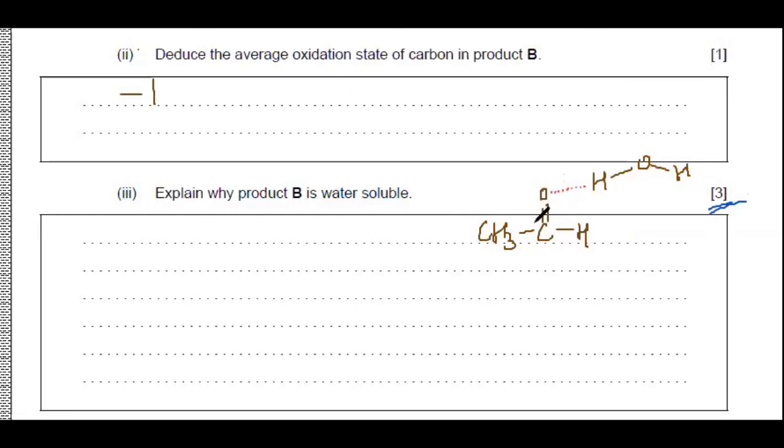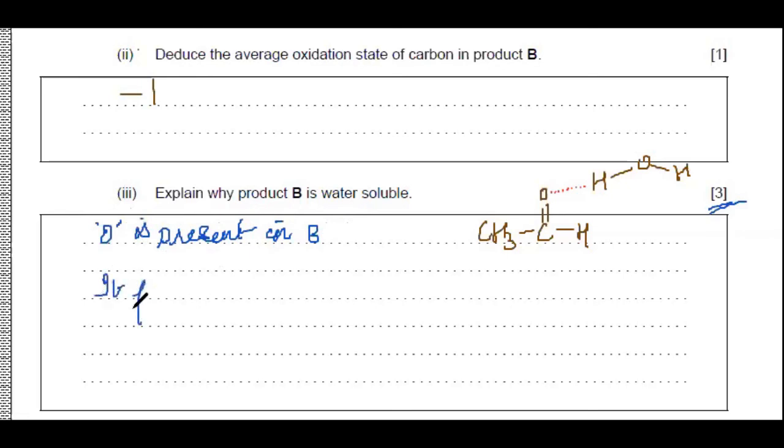The electronegative oxygen is present in the aldehyde, which is capable of forming hydrogen bonds. So first one, oxygen is present in compound B, with a lone pair which can form the hydrogen bond.